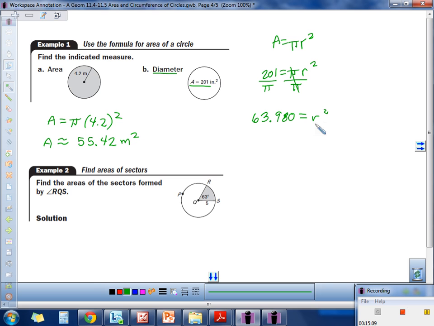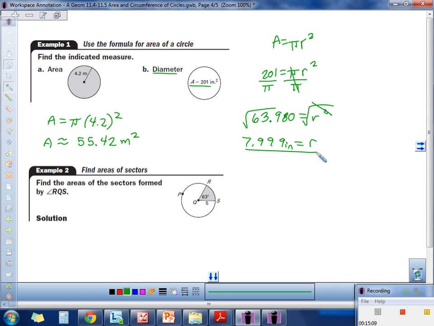I just brought down the r squared. And how do you get rid of squaring a number? Good job. Square root both sides, and you'll be left with r equals 7.8, 7.9. What is it? 7.999. And make sure your units on it, those are inches.